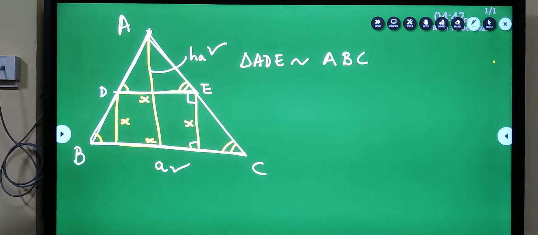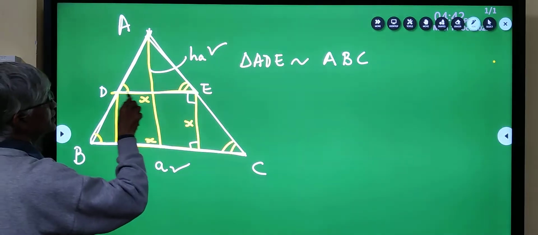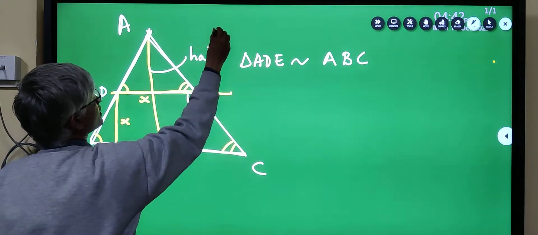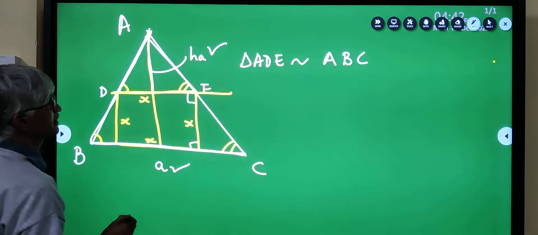And I think that's about it. So this length, I told you the corresponding heights should have the same ratio.